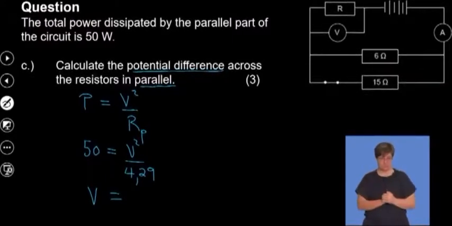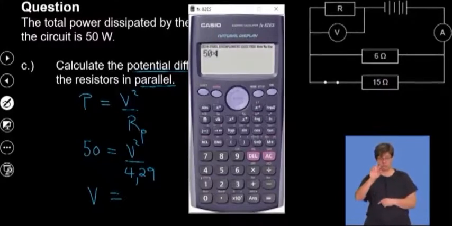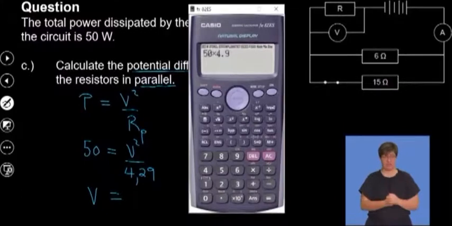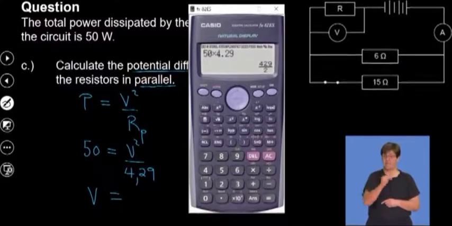On our calculator we have 50 multiplied by, we've cross multiplied with the resistance, which is 4.29. That gives us that value. But remember, this is equal to V squared, so for us to get V, we need to find the square root of that value.